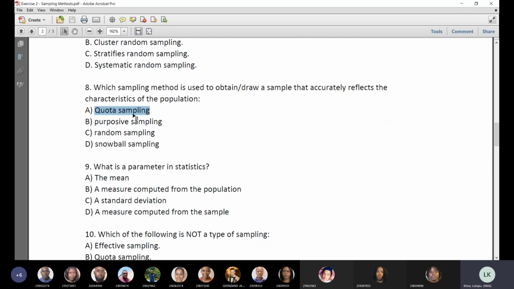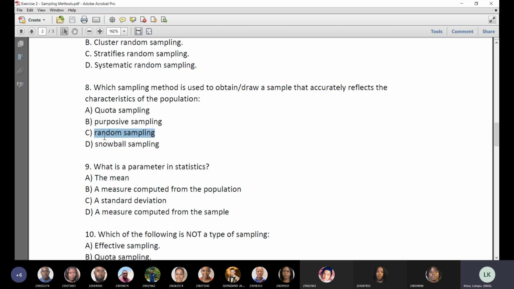So quota, purposive, snowballing, these are all non-probability sampling methods, which I will make a video of and then send it to you guys, but they do not accurately reflect the population usually.